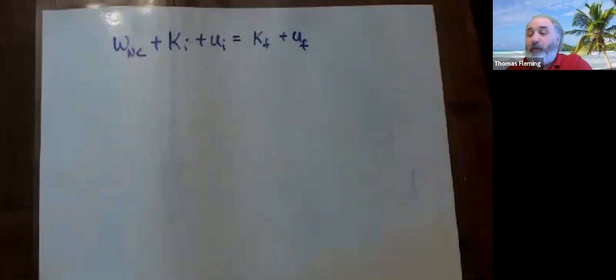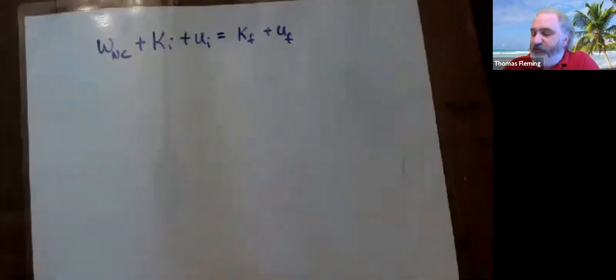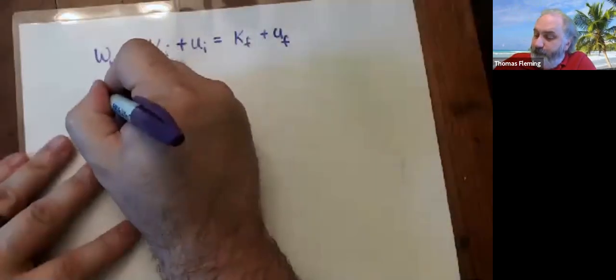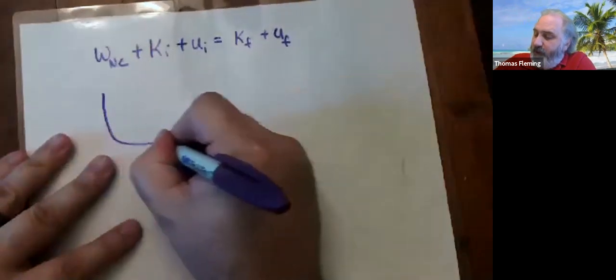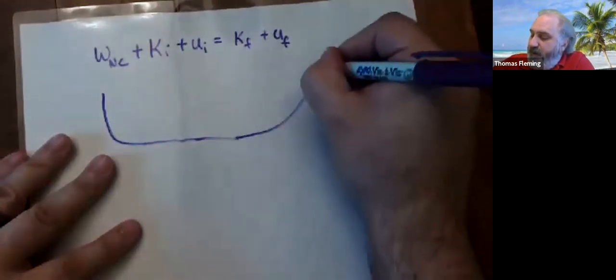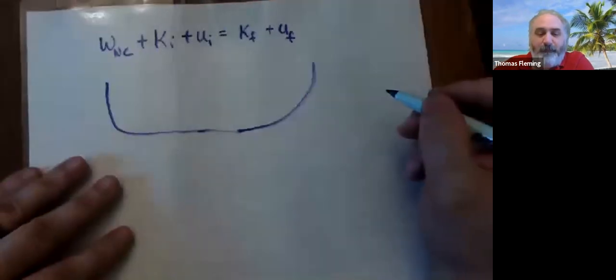Now, let's solve this problem. Let's imagine that I've got the same kind of bowl, but let's take the spring out of it, and let's just have the bowl swing up the other side.